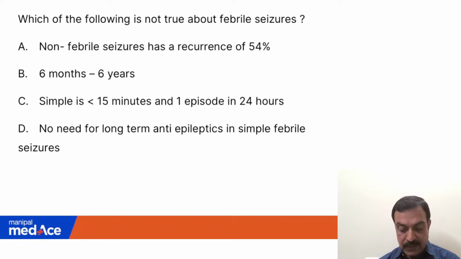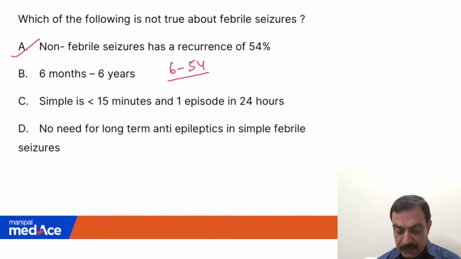The first question here is: which of the following is not true about febrile seizures? The answer is: the non-febrile seizure has a recurrence of 54%. The correct statements are about febrile seizures, which are seen between 6 months to 5 years, but sometimes can extend up to 6 to 7 years of age.